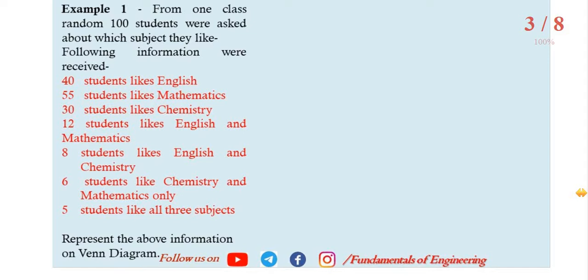We have seen the different cases to draw the Venn diagram: when there is no relation, when there is a relation between 2, and a relation between 3 different objects. Based on this third case, we are going to solve this problem. First we'll represent the Venn diagram in terms of circles. First we'll draw the circle giving the information for English, which has 40 students.